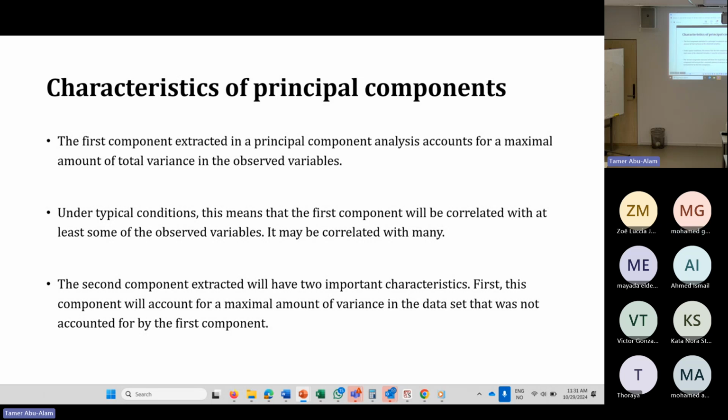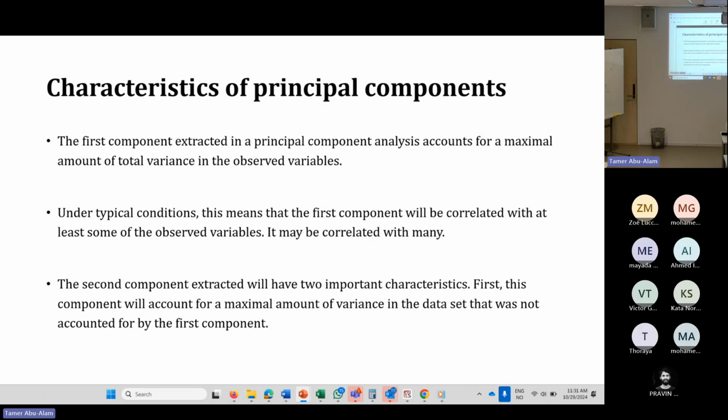Under typical conditions, this means that the first component will be correlated with at least some of the observed variables. And we saw the correlation coefficient. In the mathematical example, the first component is correlated with the first 4 variables with a certain coefficient.